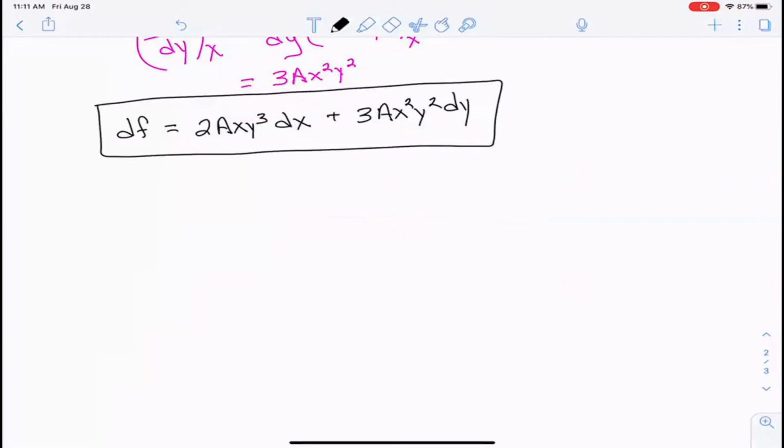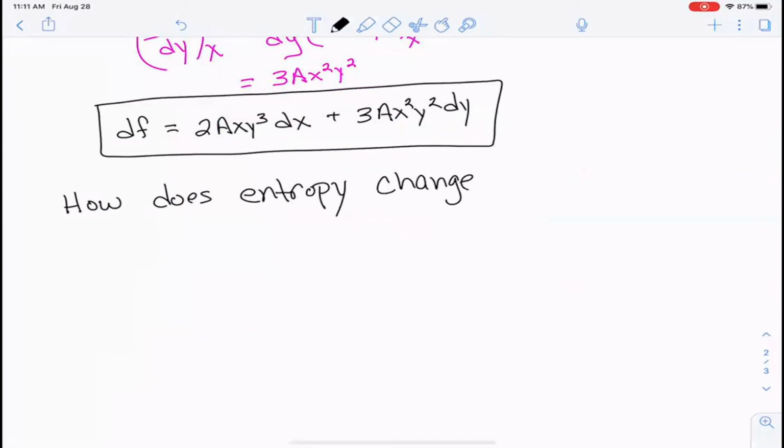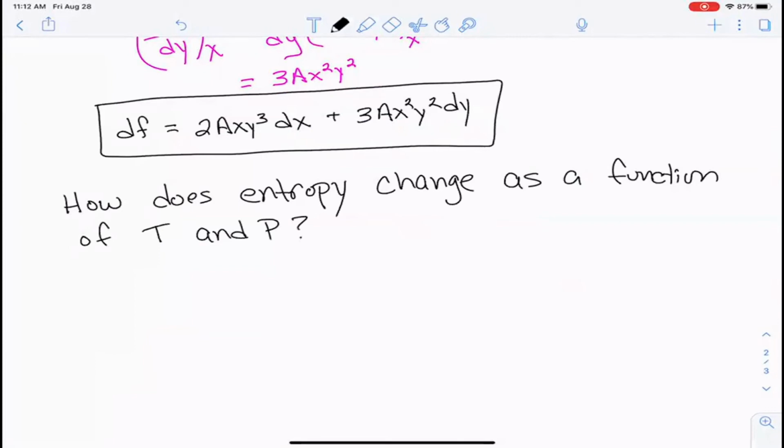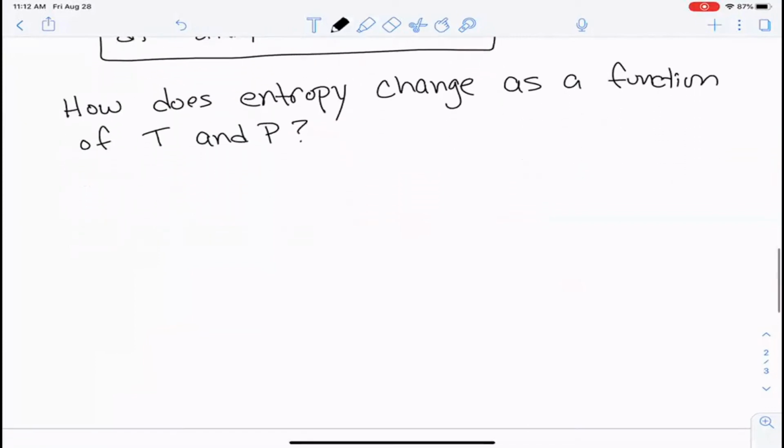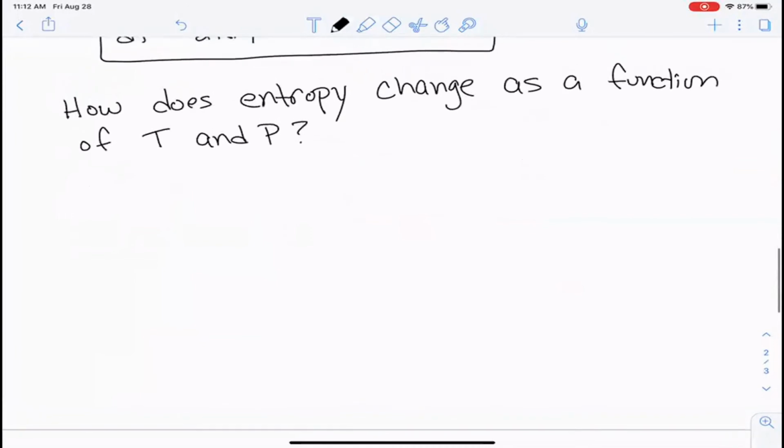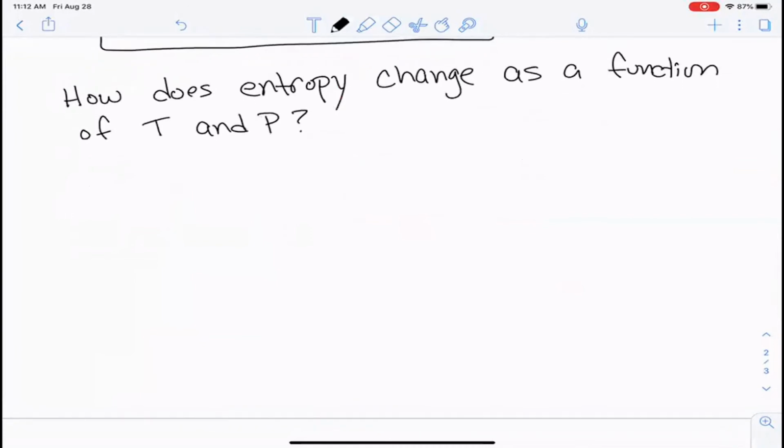So let's ask a question like, how does entropy, which we'll talk about a lot in our class, change as a function of temperature and pressure? Okay, so the previous example might mathematically make some sense, but the application to class isn't exactly evident.